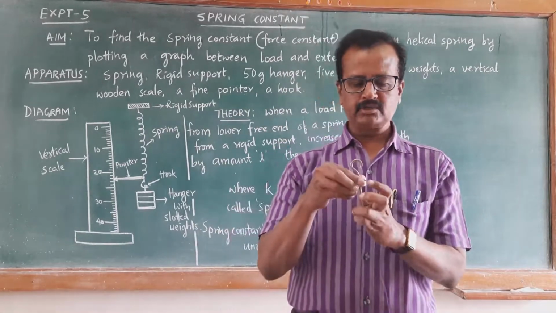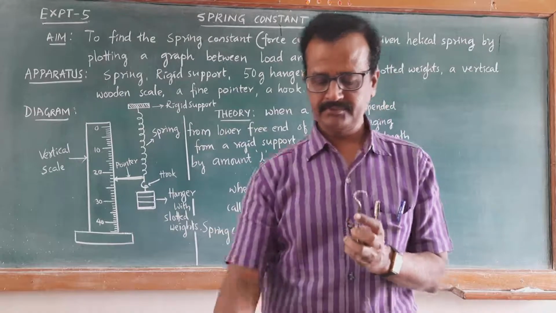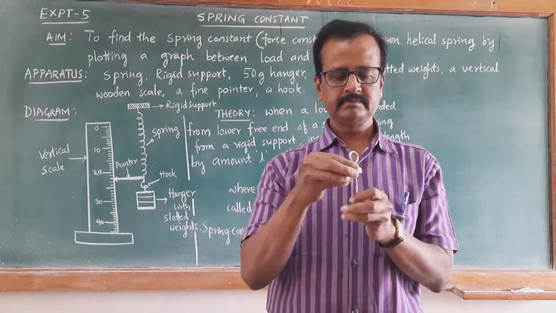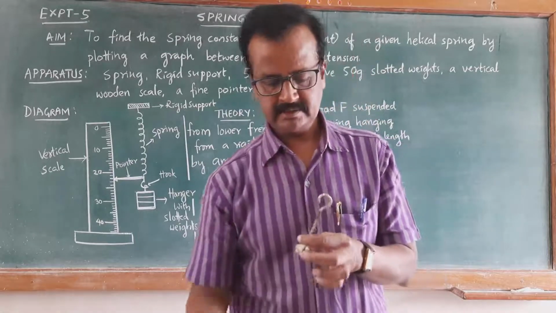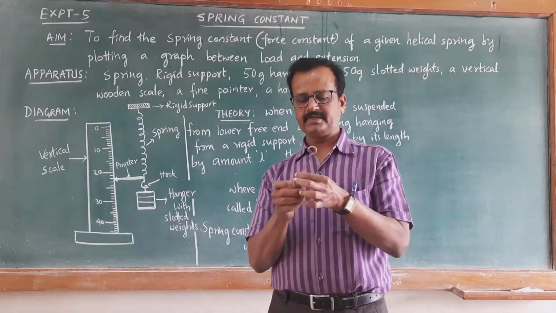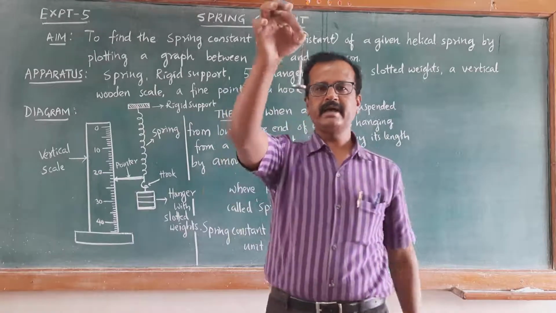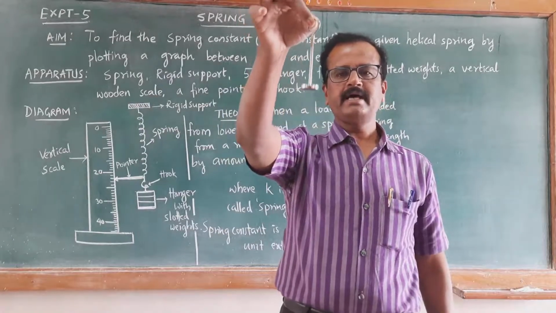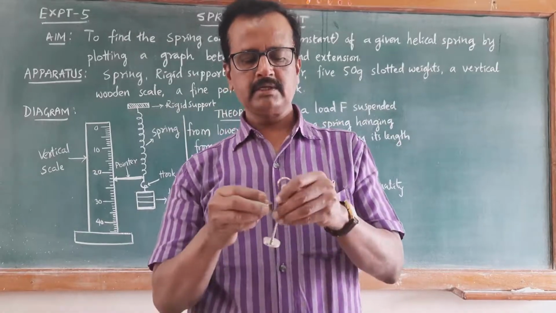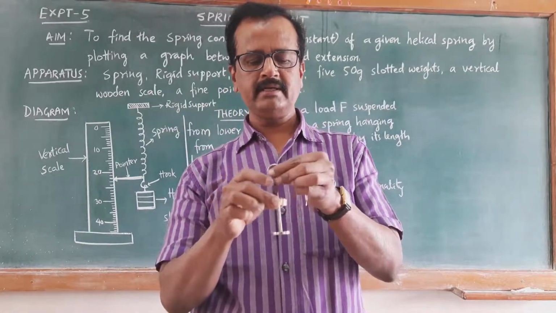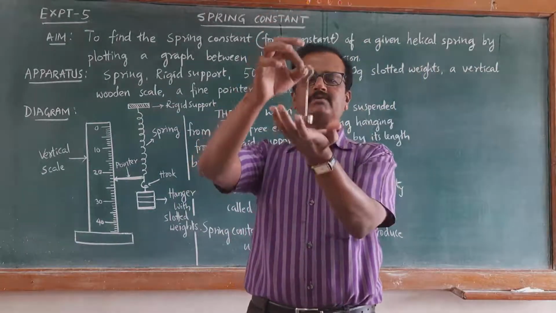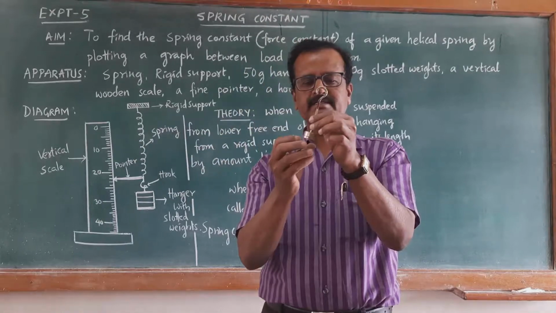The hanger is also of 50 gram weight. This hanger itself is 50 gram, and on this we are going to add slotted weights one by one, so that if I add a 50 gram slotted weight, the total weight of this load becomes 100 gram.